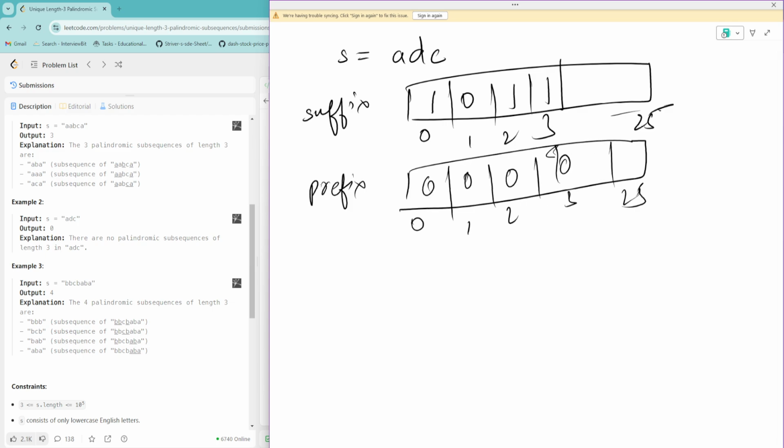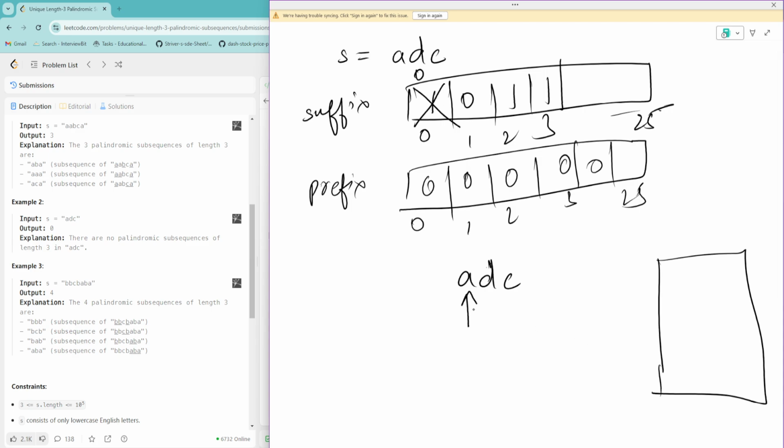Let's start. A, D, C. I'm at A. First I would decrement its suffix by 1. It would be 0. I would check if there are any elements that exist prior to A. There are none. Before moving to the next character, I would increment the prefix of that particular character by 1.